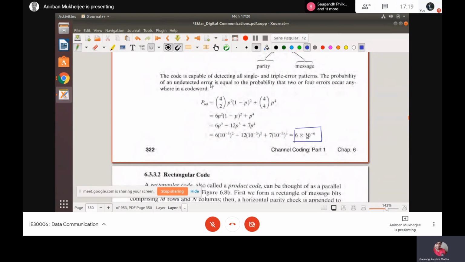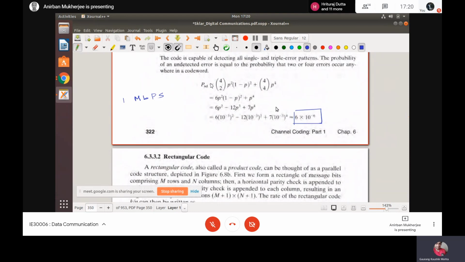You may feel this probability of undetected error is quite small. But you see, what is your data rate? If your channel is something like 1 Mbps, that means in 1 second you are sending 10 to the power 6 bits. So this is the idea actually.